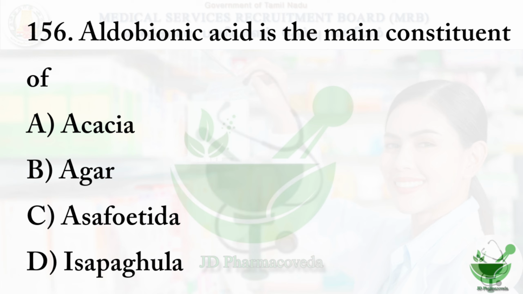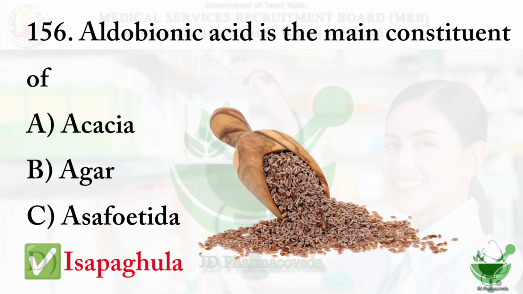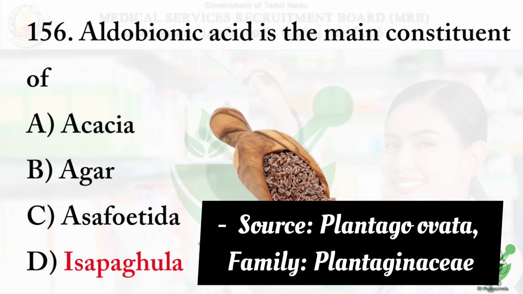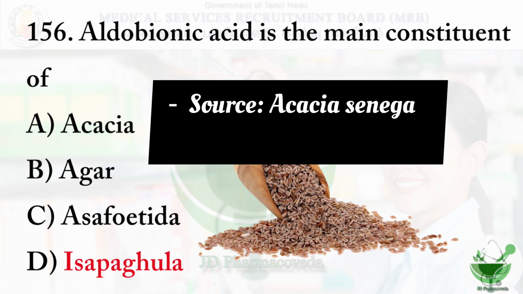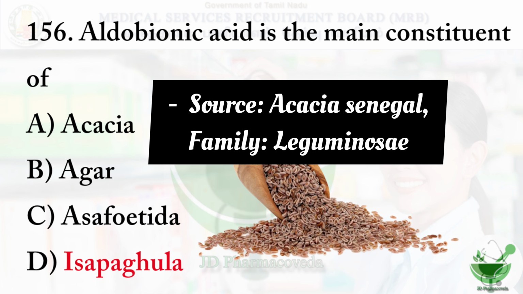Then question number 156. Aldobionic acid is the main constituent of: option A, acacia; option B, agar; option C, asafoetida; and option D, isabgol. So the right option is option D, isabgol. The botanical source of isabgol is Plantago ovata. Its family is Plantaginaceae. And for acacia, its source is Acacia senegal.